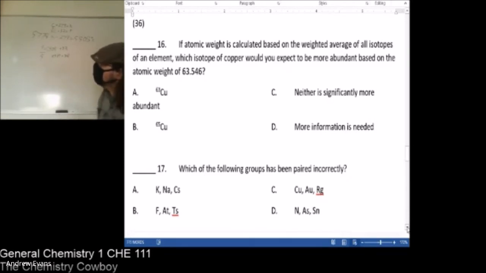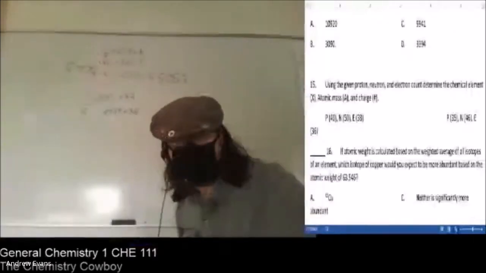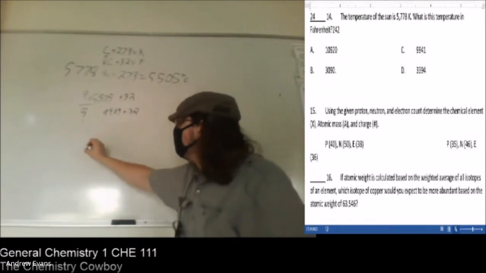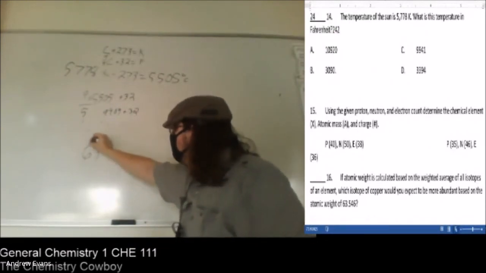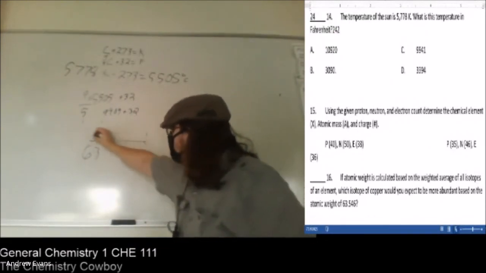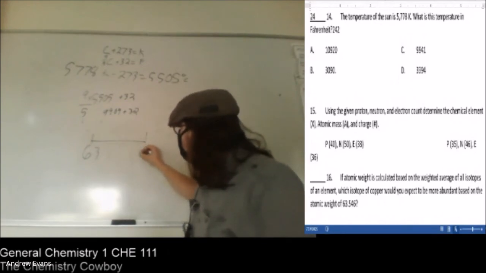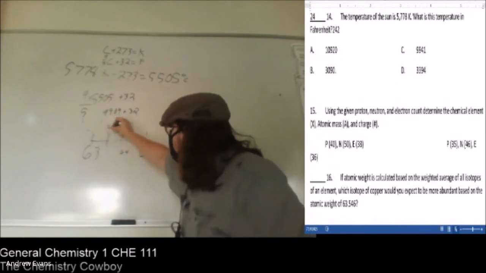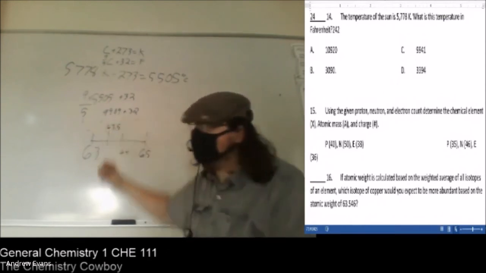If the atomic weight is calculated based on the weighted average of all isotopes, which isotope of copper would you expect to be more abundant based on the average atomic weight of 63.5? So this is how you could think of this without actually doing any math. If we have copper 63 and copper 65, where's 63.5? 63.5 is right here.